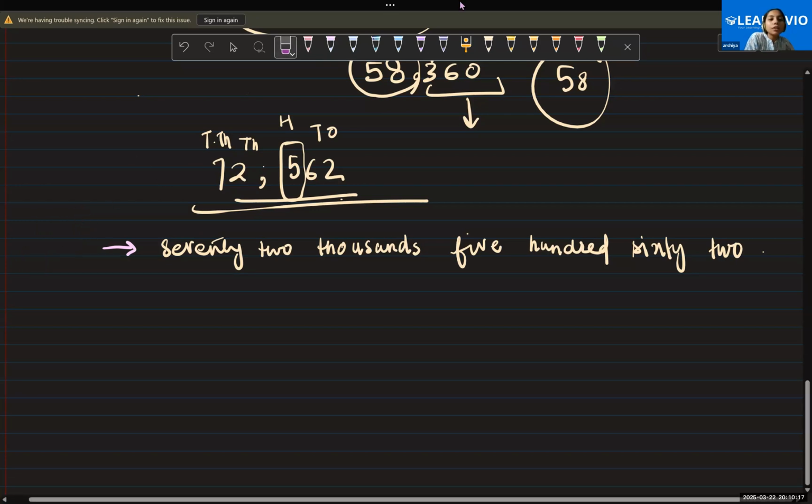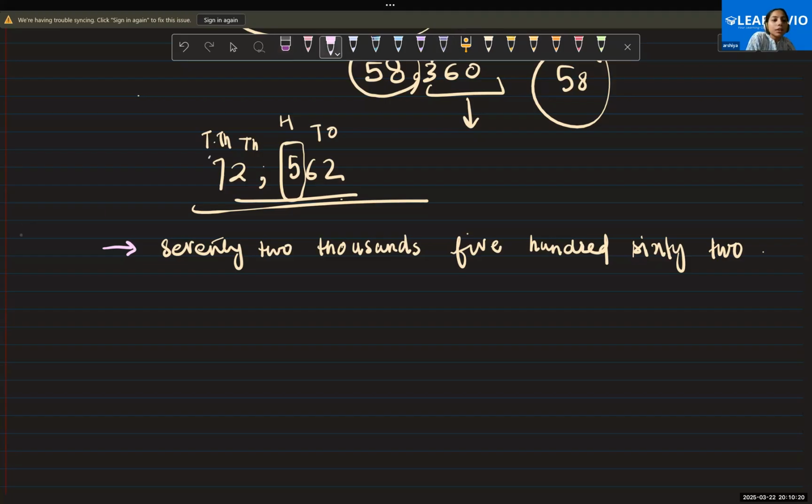Make an arrow if the space is not there. Done, ma'am.